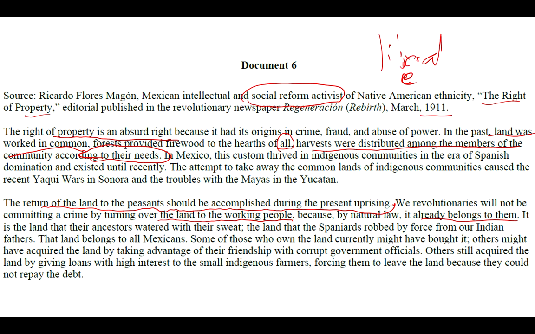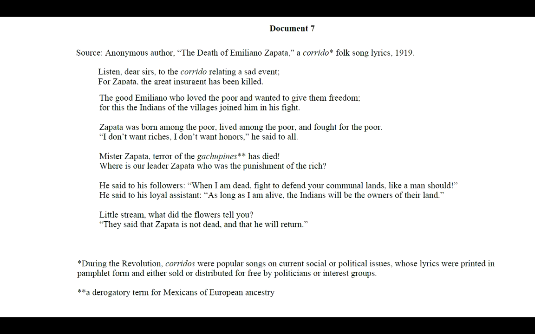Okay? And so what you have during this time is rise of liberal economics. Okay, liberal, left-leaning. So instead of siding with the businesses, you're siding with the people. That's one way to put it. And then document 7. We got a folk song, 1919, the death of Zapata.